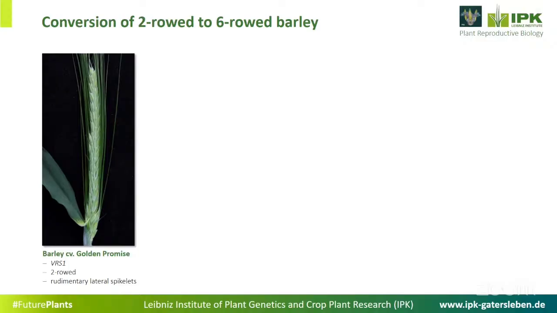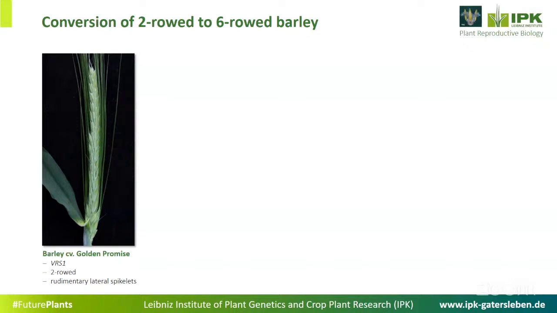So, and this is how we did it. Here you see the 2-rod barley, which is cultivar Golden Promise. It's one we are working most with. It's a model because it's easily genetically modified. And it has a function of this VRS1 gene, which regulates the development of the lateral spikelets.